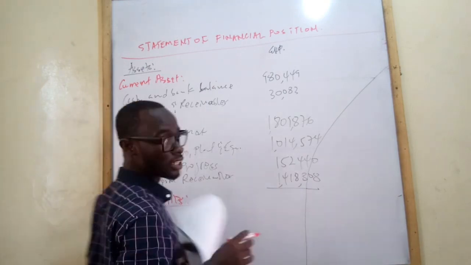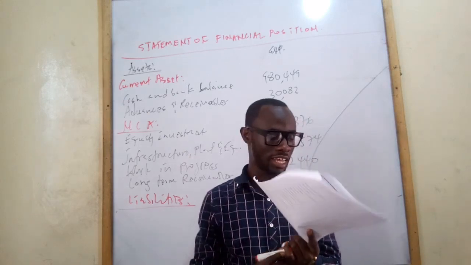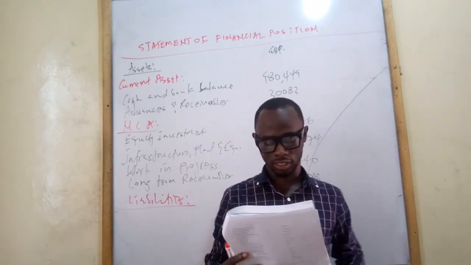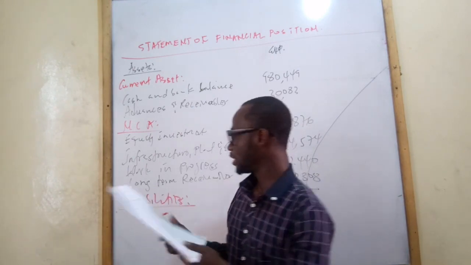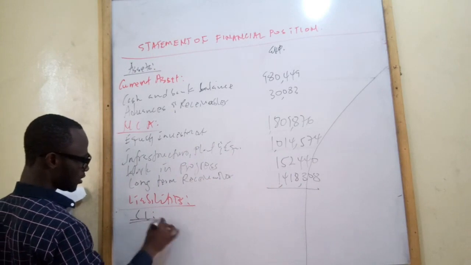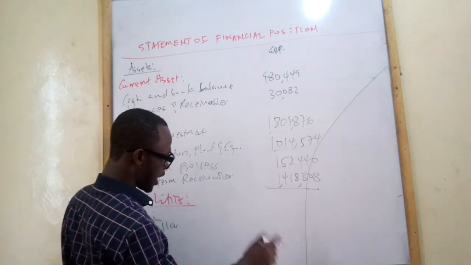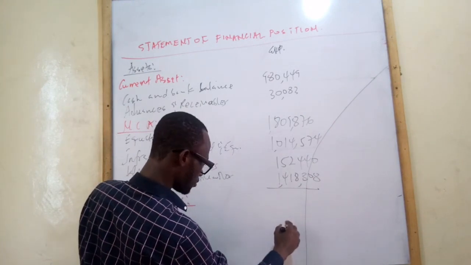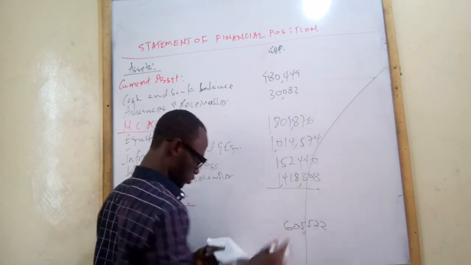Under our liabilities also, remember we will bring both the current liabilities and then the non-current liabilities. Now, we see payables here, that is a current liability, payables. And the payables here is 605,522.